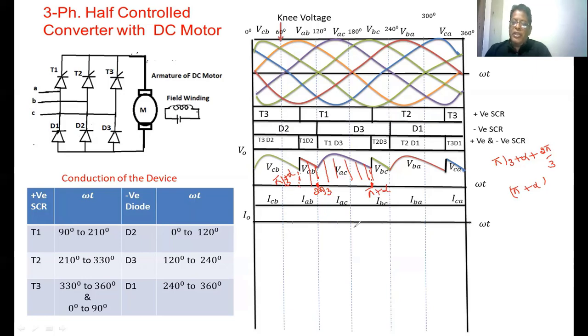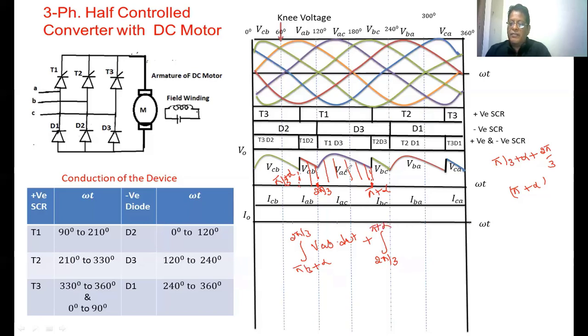So now we have to do the integration. The reason for doing the integration is to find the area under the curve. Integral from pi by 3 plus alpha to 2 pi by 3, this is VAB voltage into d omega t, plus integral from 2 pi by 3, this interval to this interval, to pi plus alpha.